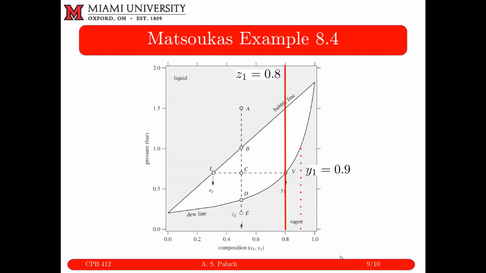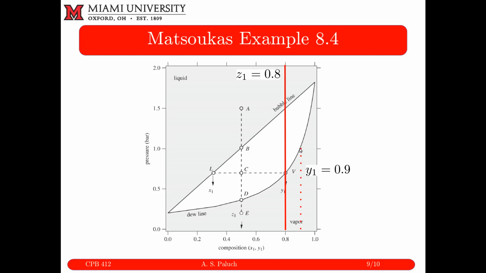And then the second piece of information we're told is that I'm looking for a vapor phase mole fraction of 0.9. If I draw that line, what I'm looking at is, I read off vapor compositions from my dew line, so I'm drawing a vertical line at y1 equals 0.9 up to the dew line. Why? Well, now I've specified y.